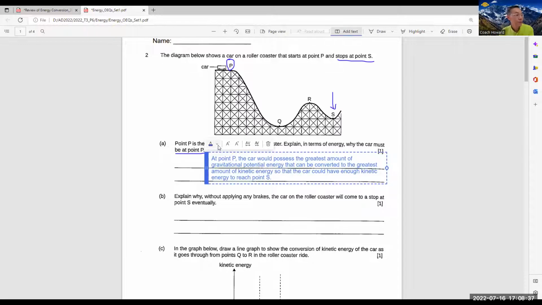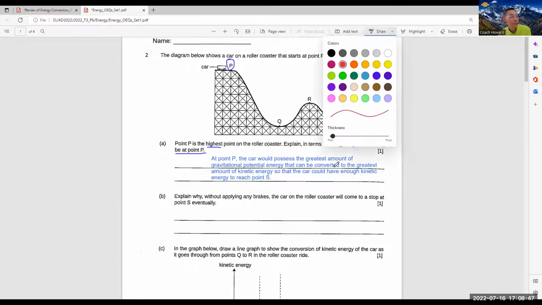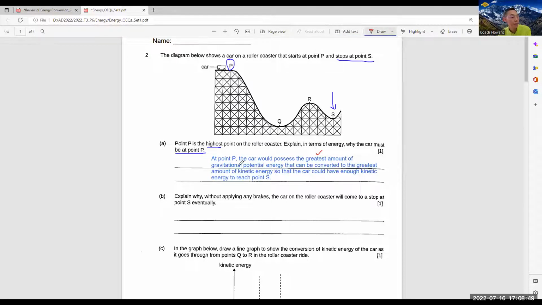Okay, so you must mention at point P, the car would possess the greatest amount of gravitational potential energy. So this word must appear. Greatest amount of GPE that can be converted to the greatest amount of KE, kinetic energy, so that the car could have enough kinetic energy to reach point S. Okay? Enough kinetic energy to reach point S.